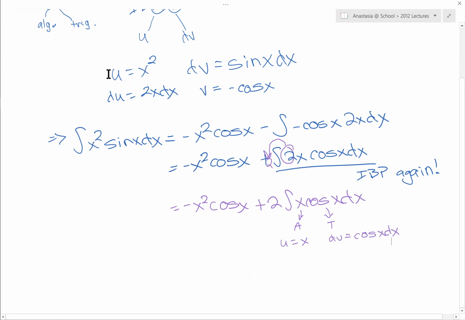If you want to, you can use letters other than u and dv here for the second time that you're using integration by parts. But the reason why I'm reusing the u and the dv is because we're already finished with this first time of integration by parts. We're not going to use those things again. So if we reuse the u and the dv, it's not confusing. We're just going to reference the last time it was used.